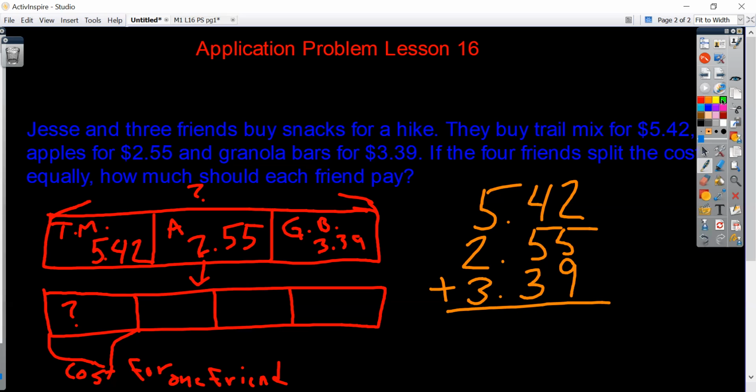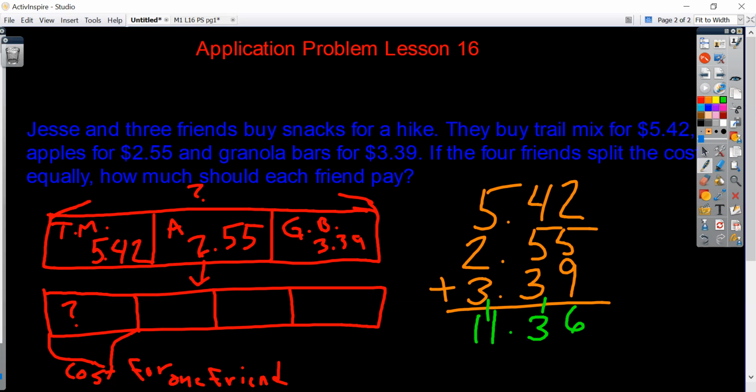2 in the hundredths place, we got 2 hundredths plus 5 hundredths, 7 plus 9, that's 16. 4 plus 5 tenths is 9 tenths, plus 3 more tenths is 12 tenths, plus 1 more is 13 tenths. The decimals come down. 5 ones plus 2 ones is 7 ones, plus 3 more is 10, plus 1 more is 11.